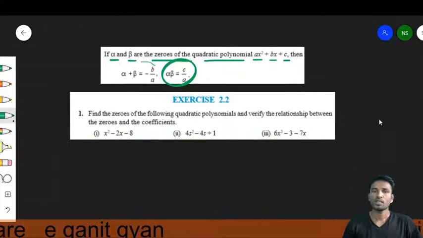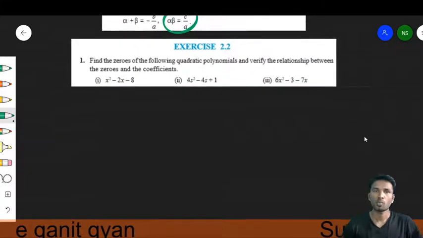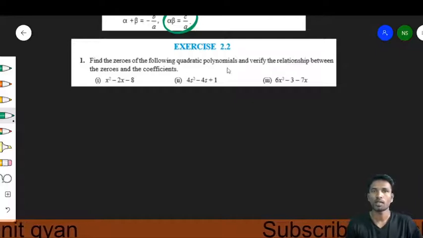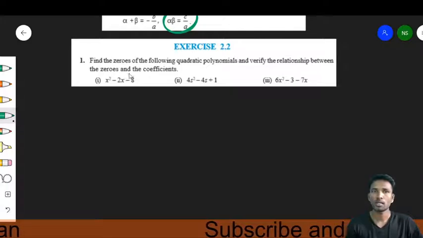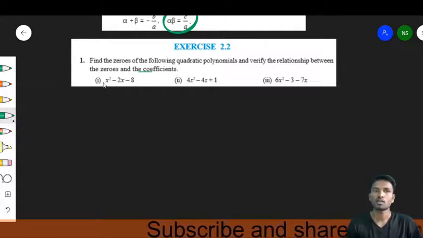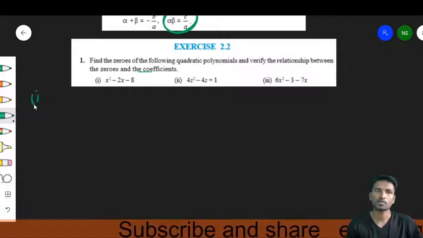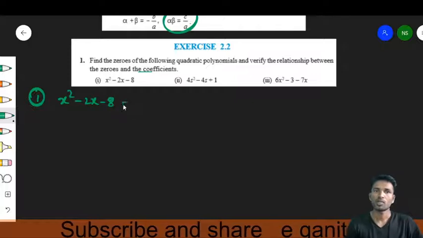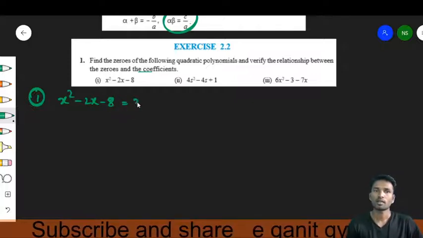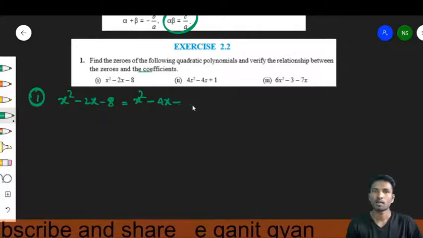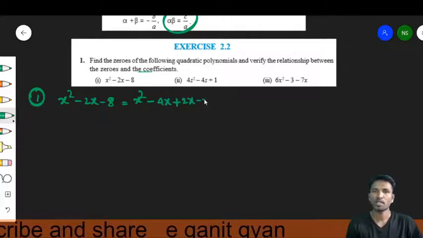Now let us take some examples from exercise 2.2: find the zeros of the quadratic polynomial and verify the relationship between zeros and the coefficients. First we need to find the zeros of this particular polynomial. Let us take the first question: x square minus 2x minus 8. If we split the middle term, we get x square minus 4x plus 2x minus 8.